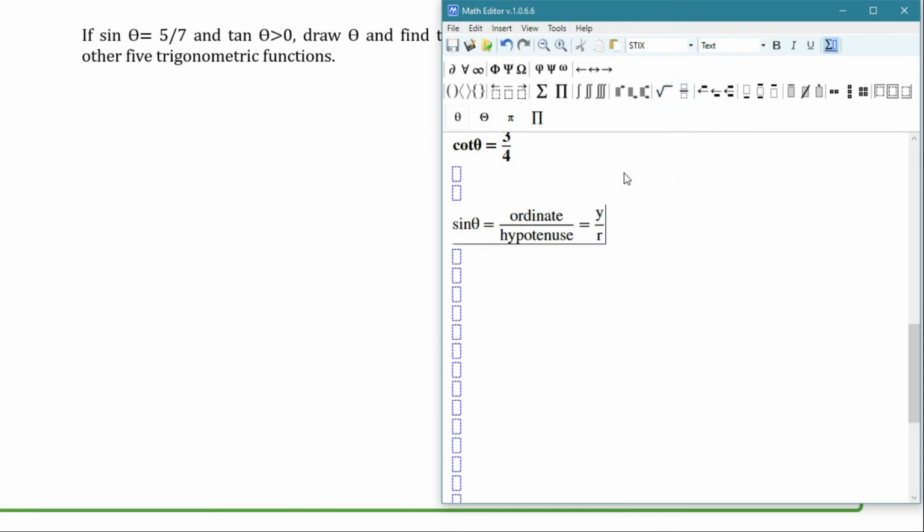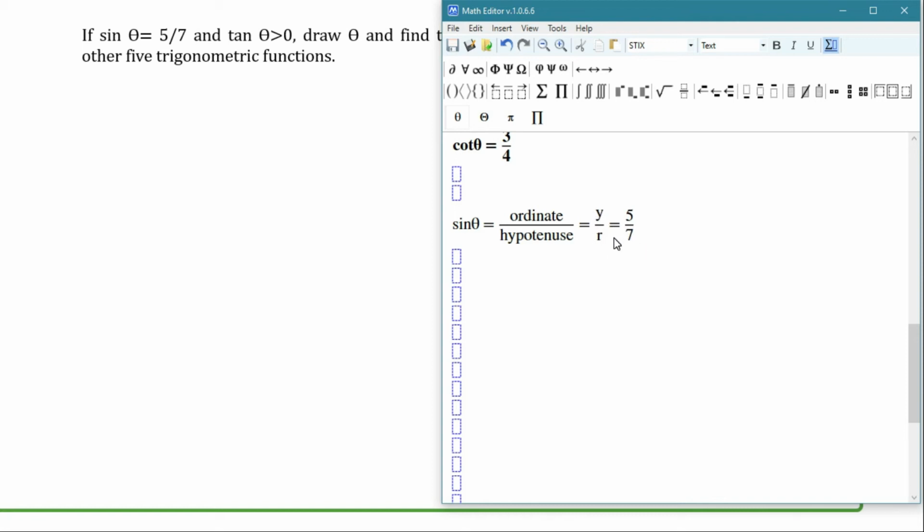And since sine theta is given, which is 5/7, meaning to say your ordinate is 5 and your hypotenuse would be 7.